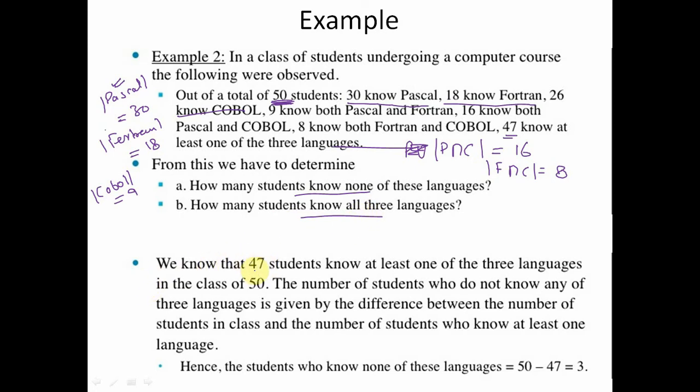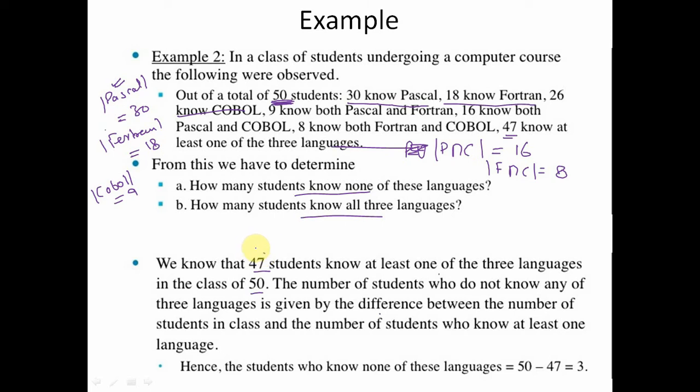We know that 47 students know at least one of the three languages in the class of 50. That is given in the question. The number of students who do not know any of the three languages is obviously 50 minus 47. See, there is this class of 50 people, and out of 50, 47 people know at least one of the three languages.